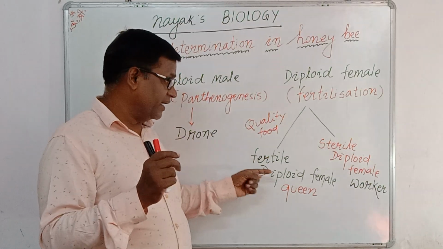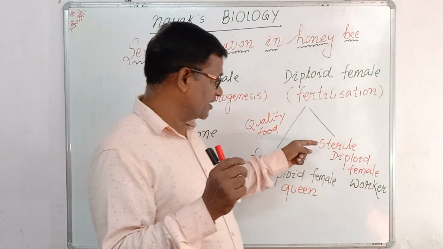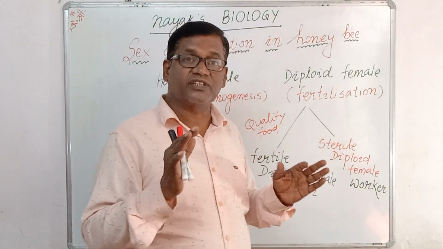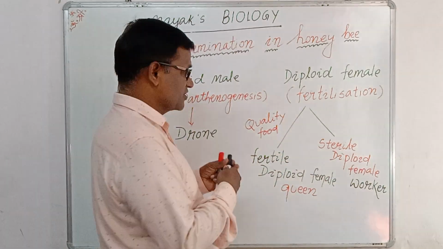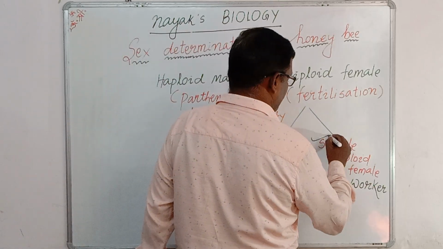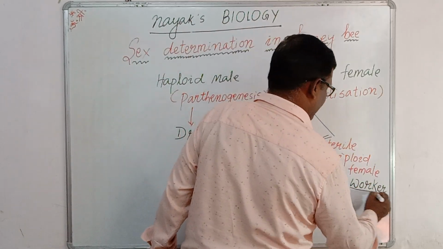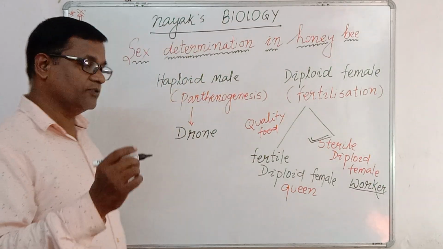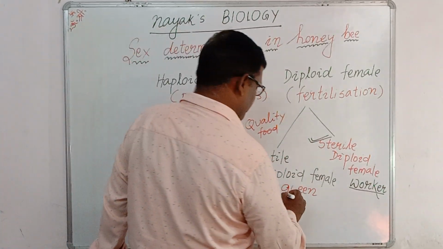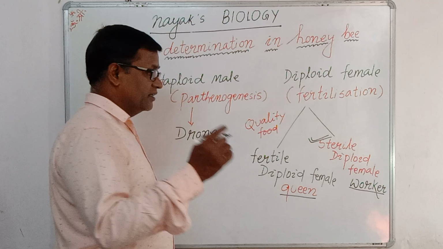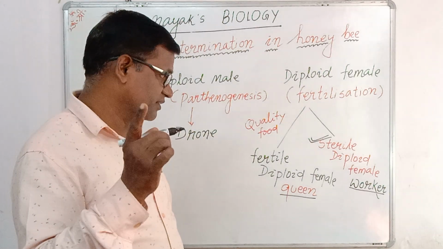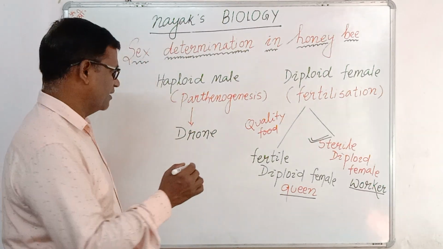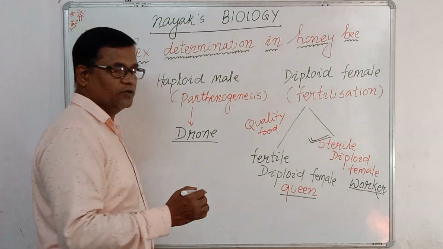And another type of female is the sterile diploid female, which is called the worker. There are three varieties. The fertile diploid female is called the queen. The sterile diploid female is called the worker. And the haploid male is called the drone.